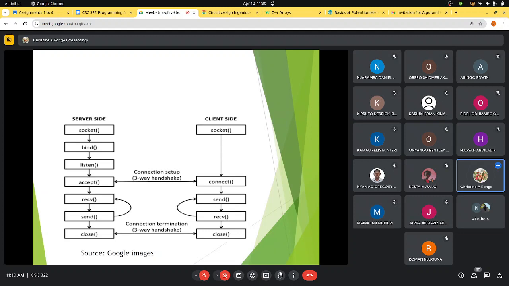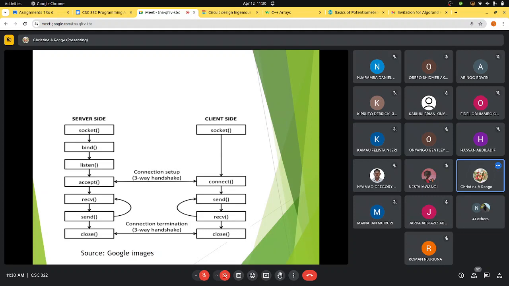So we know that before a connection is established, there is a three-way handshake process, whereby the server and the client exchange SYN and acknowledgements and those kinds of communication for them to establish a connection. So are the send and receive functions only used after the connection is established for the data exchange, or are they also involved in the connection setup?